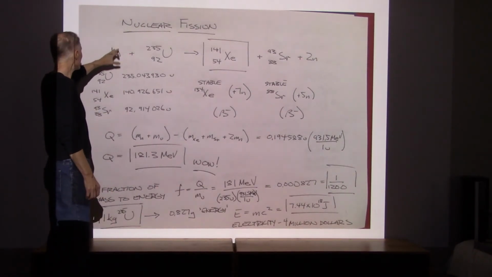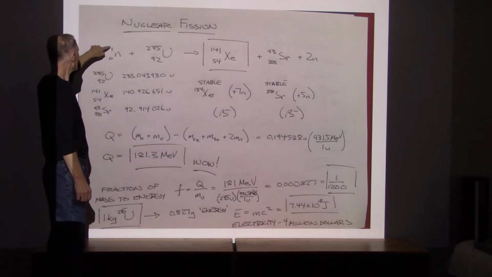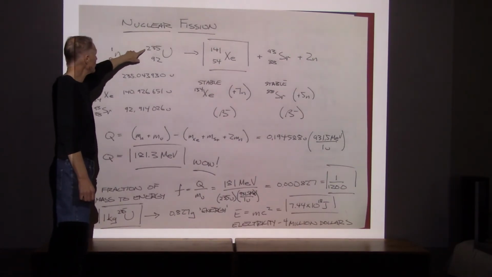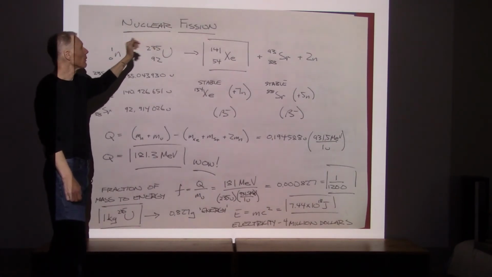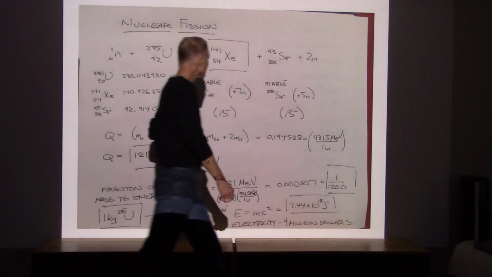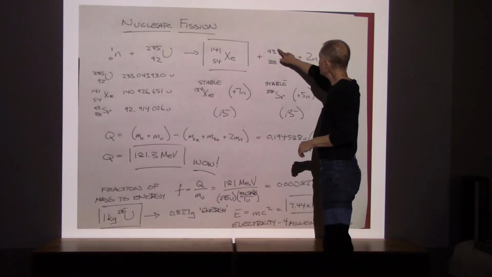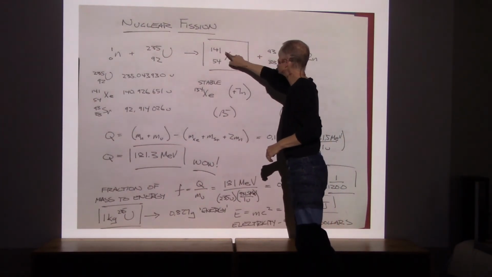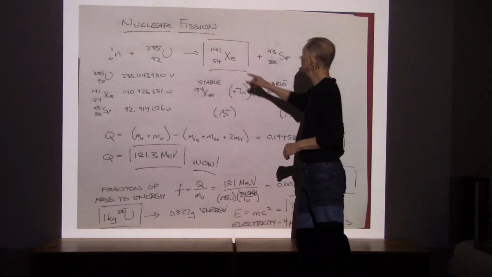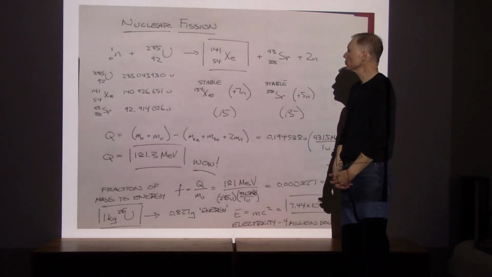And then if we count the total number of nucleons, there was 1 plus 235, that's 236 nucleons that went into the reaction. Well, there's 2 of those are here, 93 of those are here. The remaining bundle is going to be 141. So there's an example of a fission reaction.